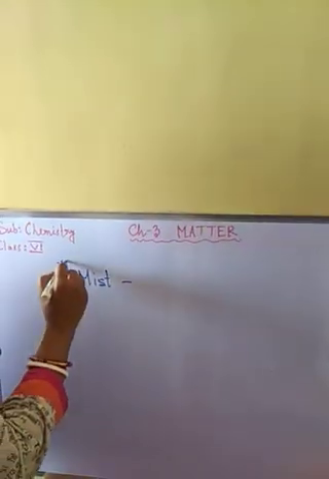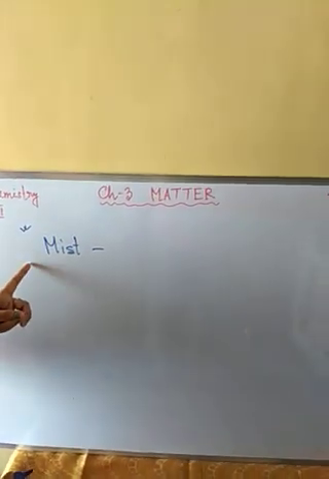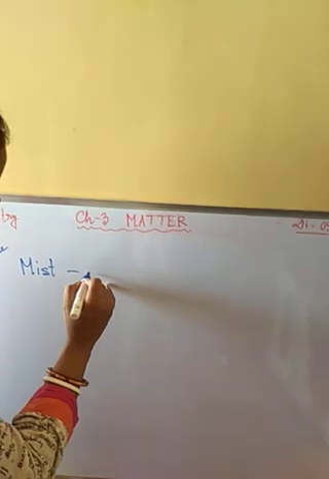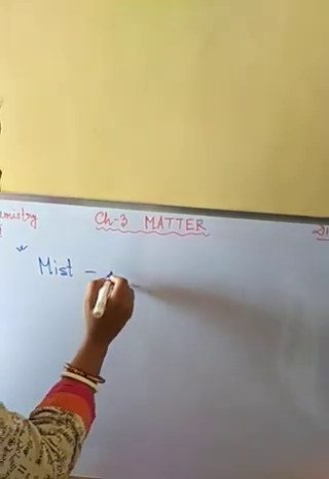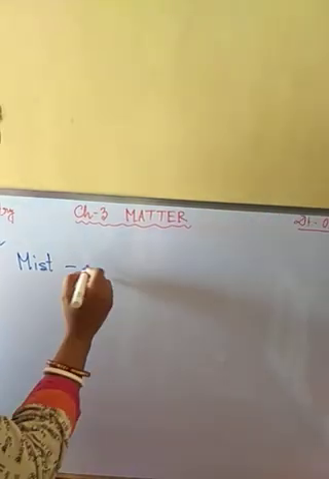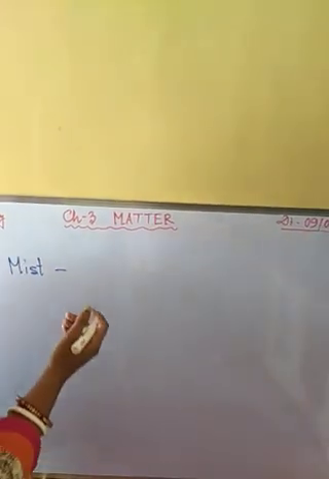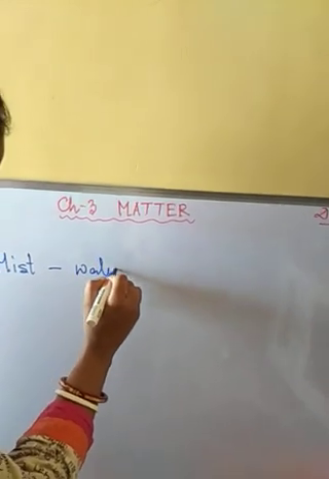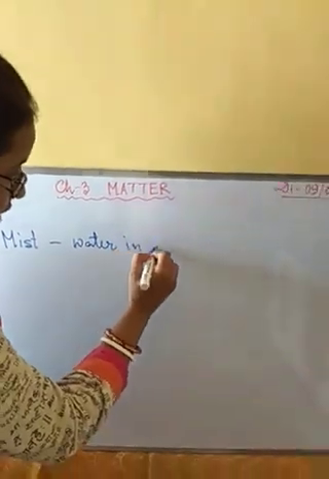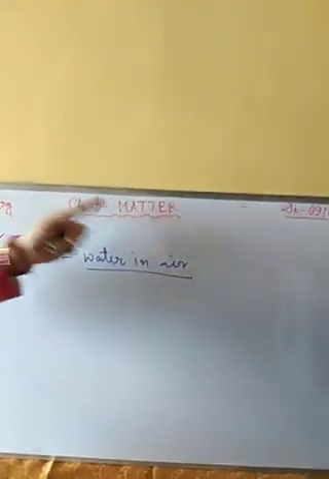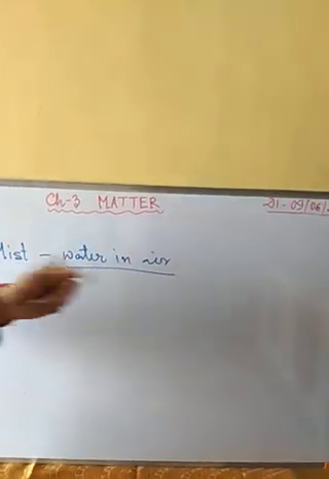Now the same question: why is mist a heterogeneous solution? Mist is a mixture of liquid in air, or liquid in gaseous substances. So this is water droplets, water in air. This is the mixture or suspension of water in air.